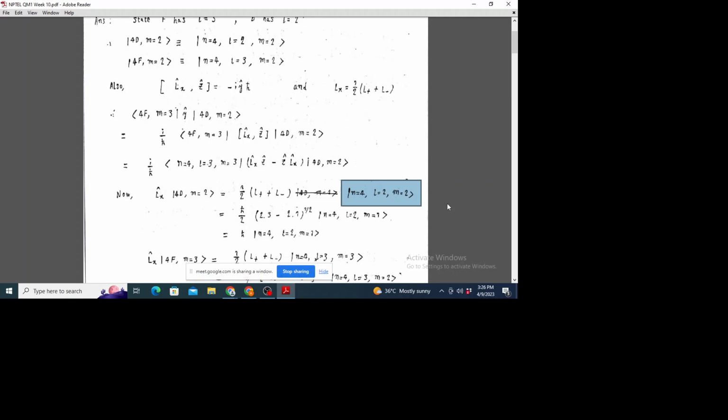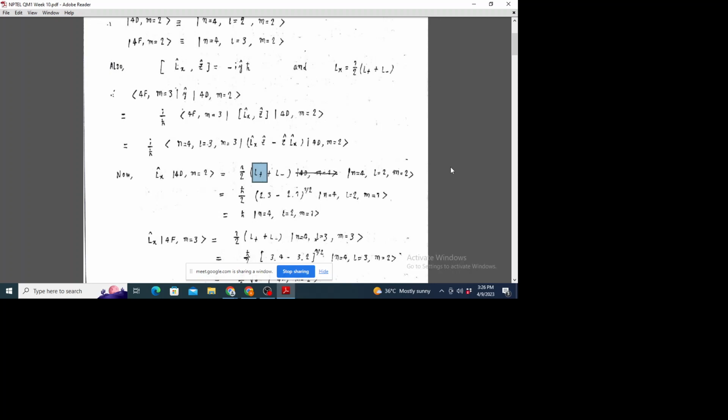Okay, so now these are linear operators, so that means L plus and L minus will act on this ket separately, and finally we need to add those two contributions to get the final answer. So let us first look at L plus acting on n equal to 4, L equal to 2, m equal to 2. What is the answer for that?